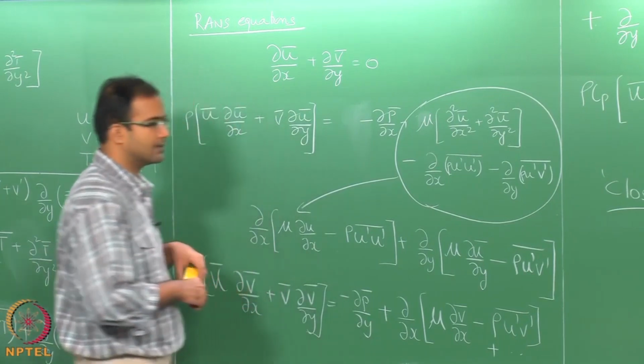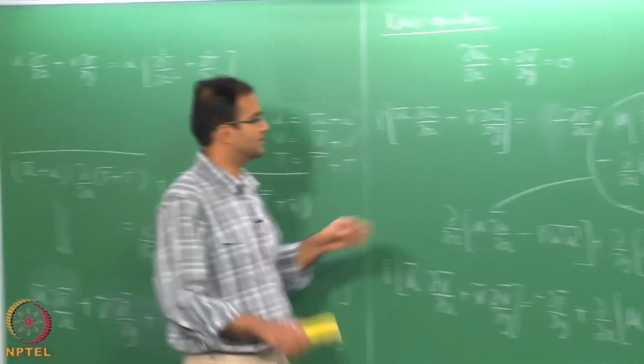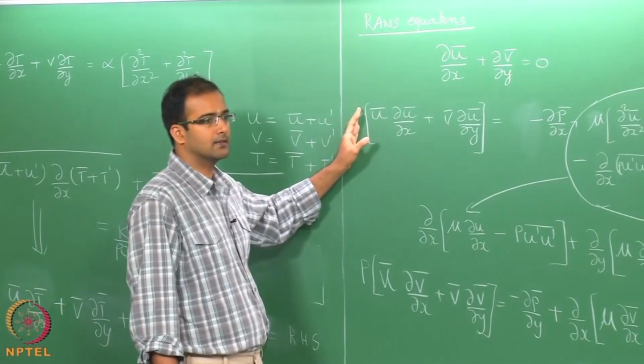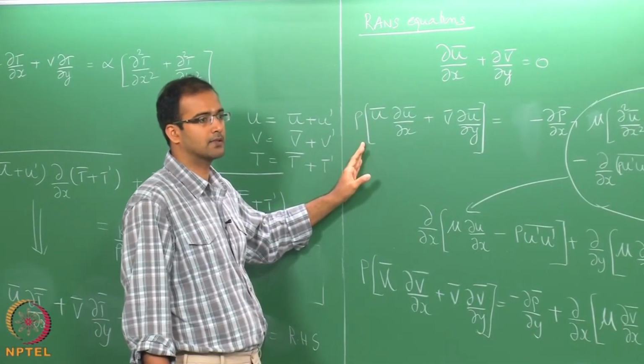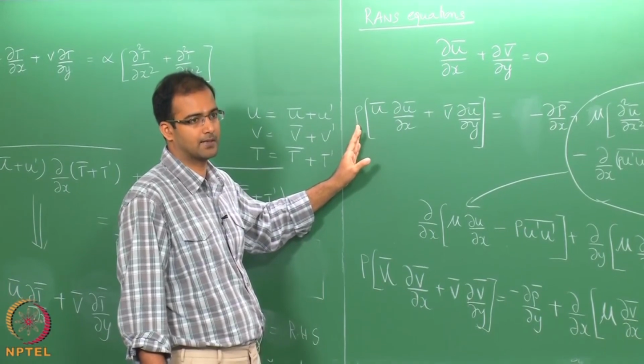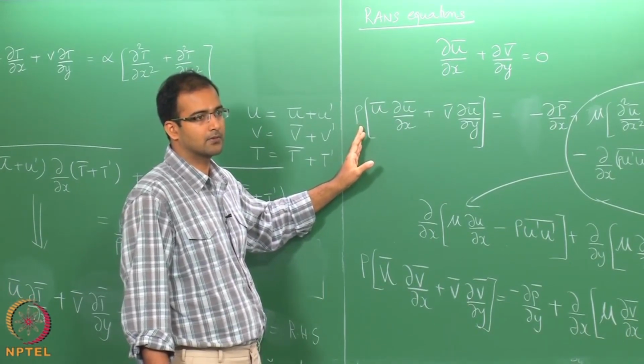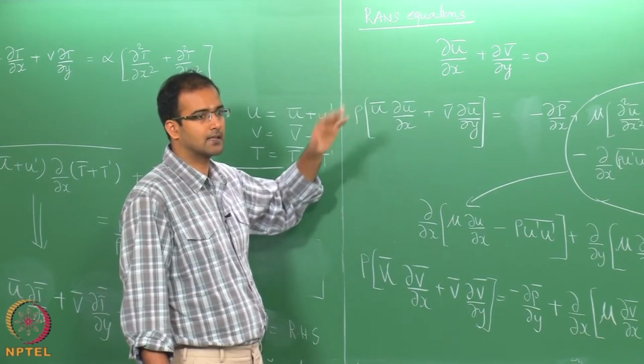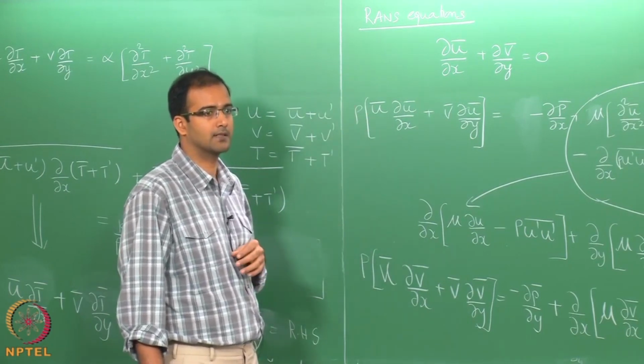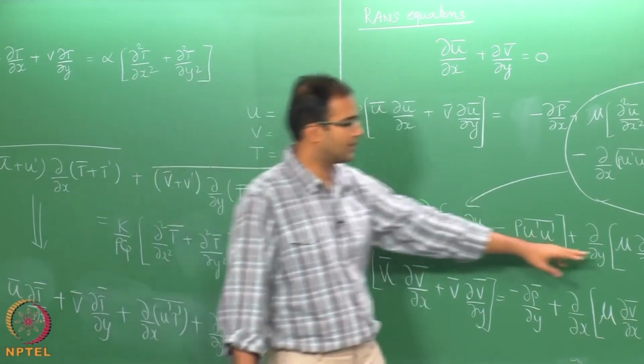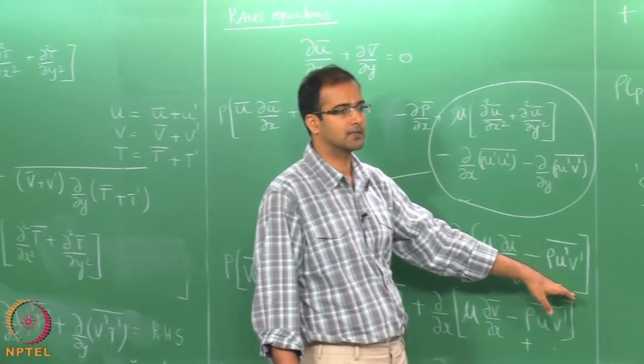We can construct a governing equation for the stresses by multiplying again the momentum equation with the fluctuating component, for example. Okay. So, like this we can construct another governing equation for the turbulent stresses, but they will have another term with higher order moments.